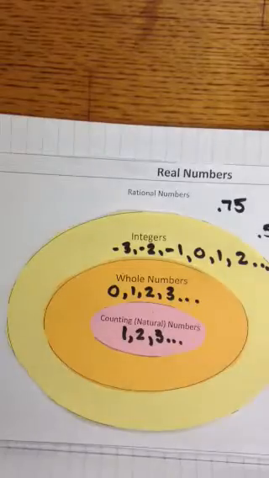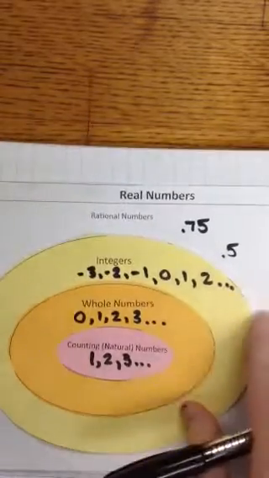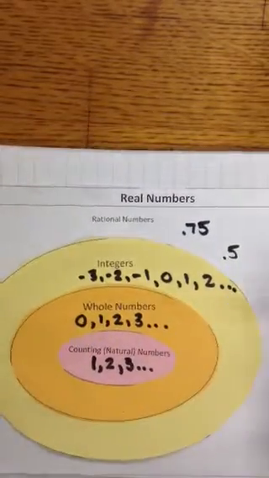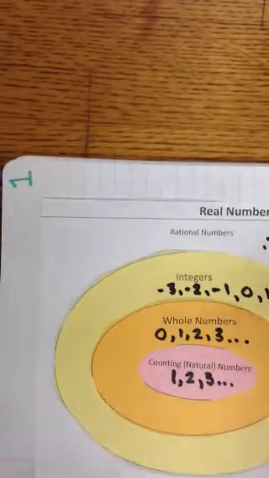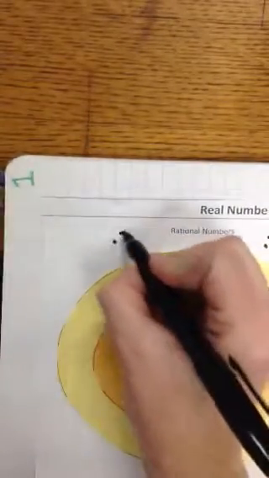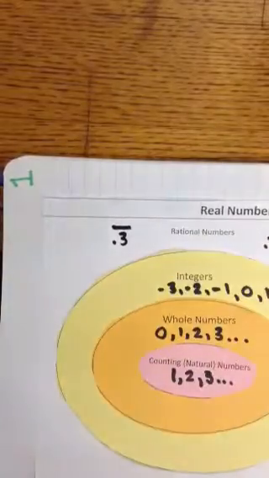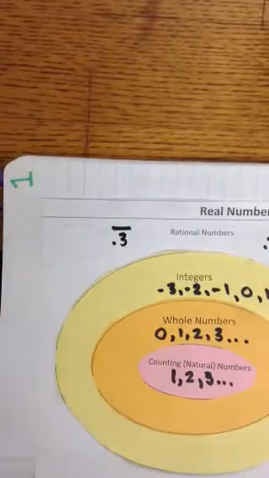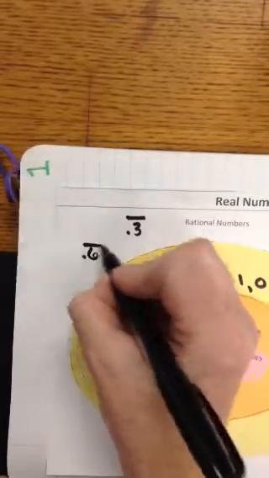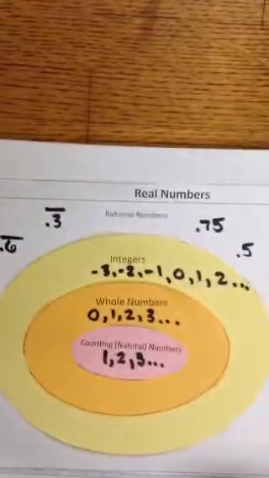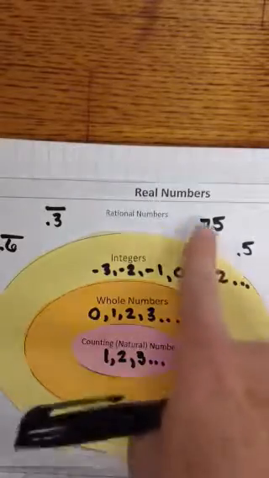It also includes decimals that repeat. A really common one, you know, the fraction 1/3 is the decimal of 0.3 repeating. The fraction 2/3 is the decimal of 0.6 repeating.